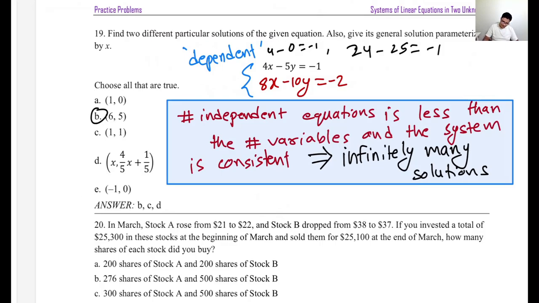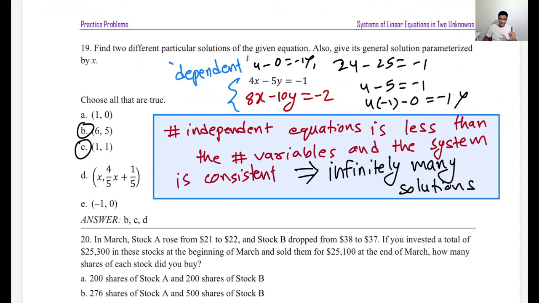The third option, 1 and 1, 4 times 1 minus 5 times 1 equals -1. That is also true. We'll come to D later. Let's look at E. That will be 4 times -1 minus 0 equals -1. Not true, right? So the first and fifth are not true. So B and D are particular solutions.